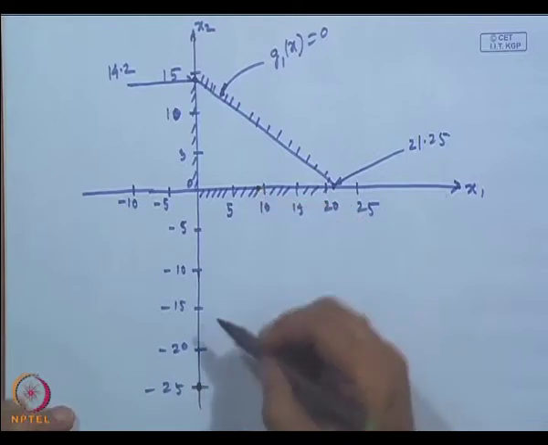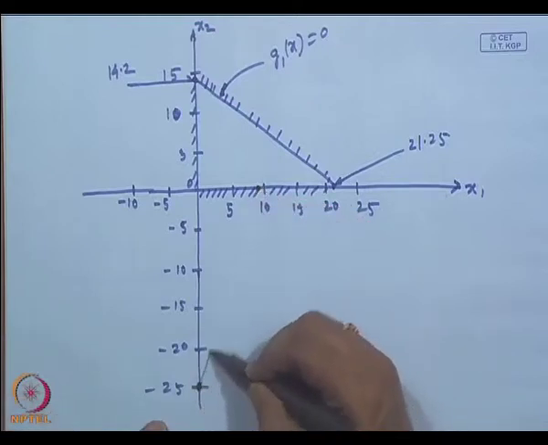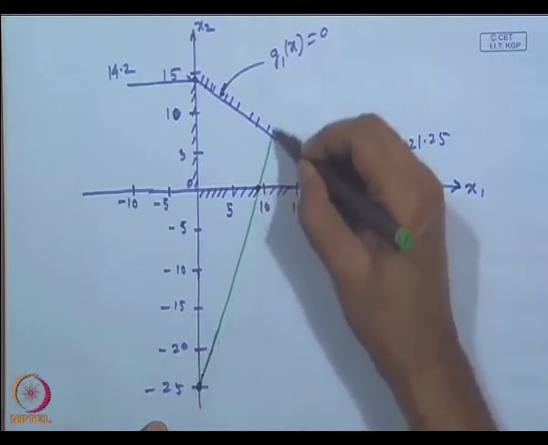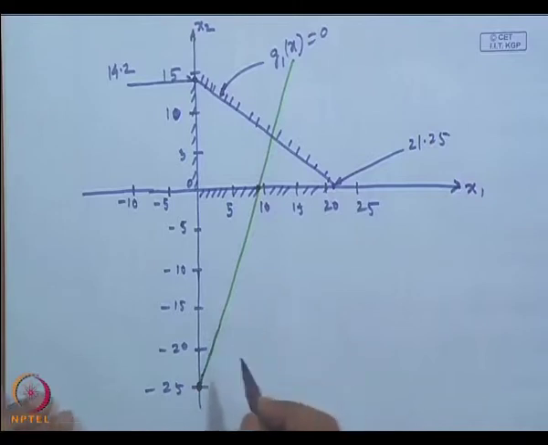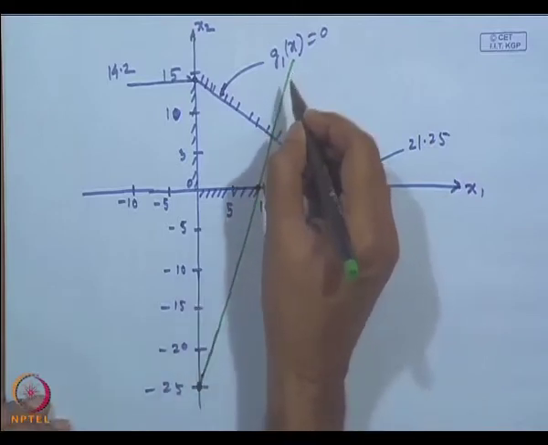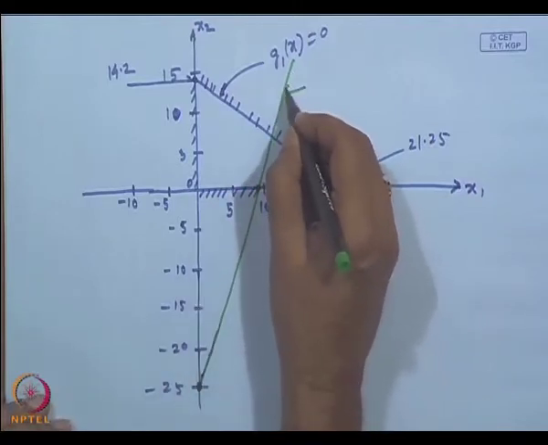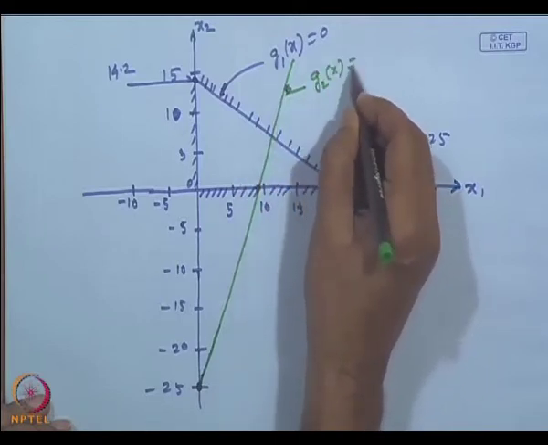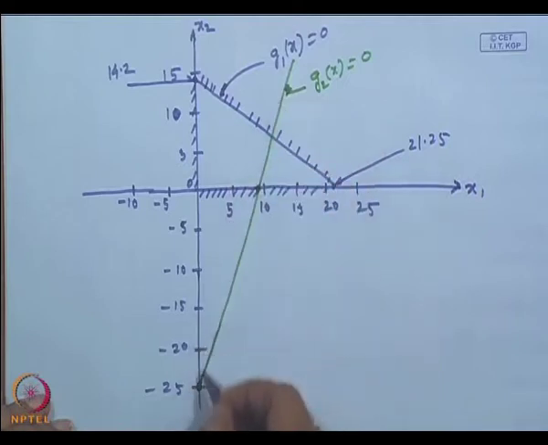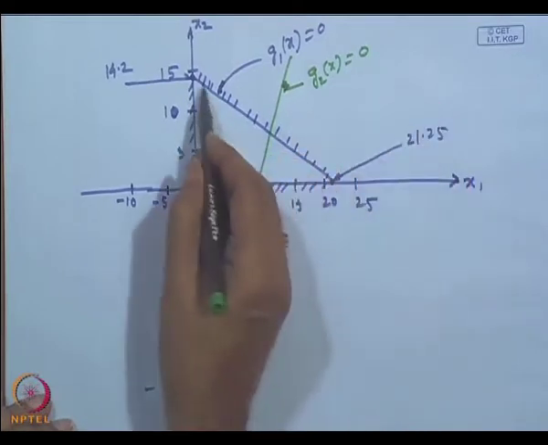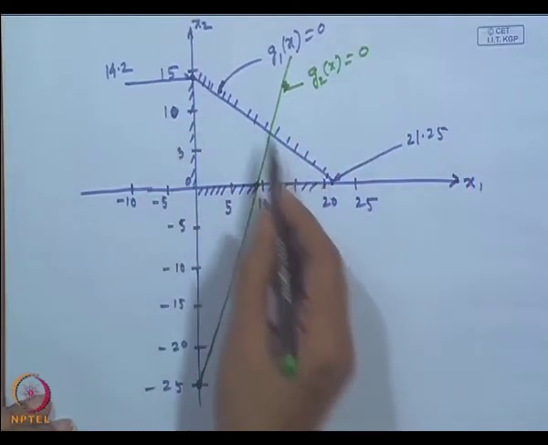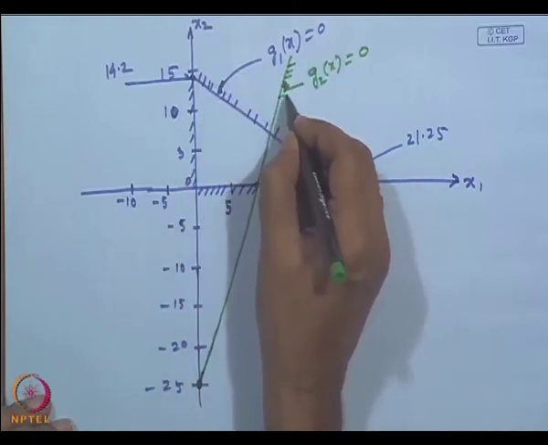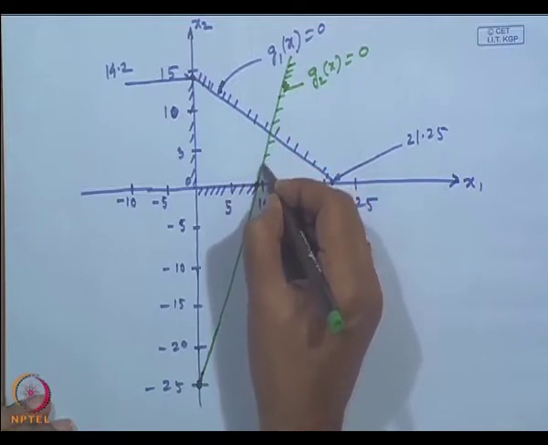So, this is the straight line, and on this line g 2 of x is equal to 0. Any point on this blue line has g 2 of x equal to 0, and since it is less than this, our region is that one.